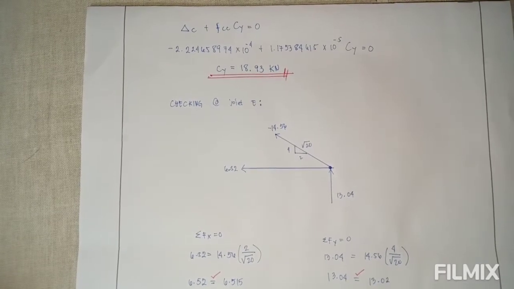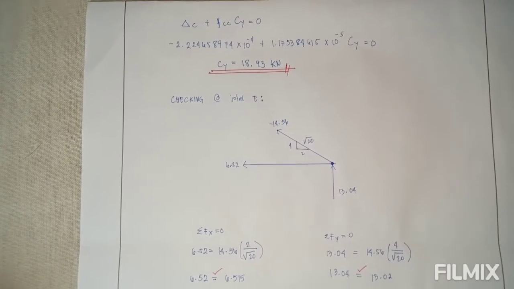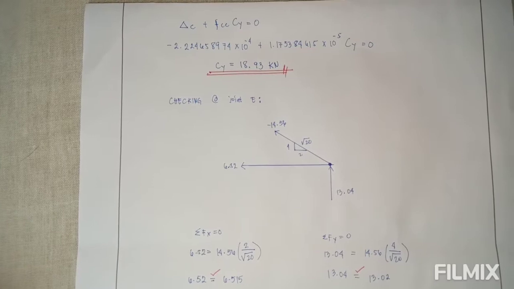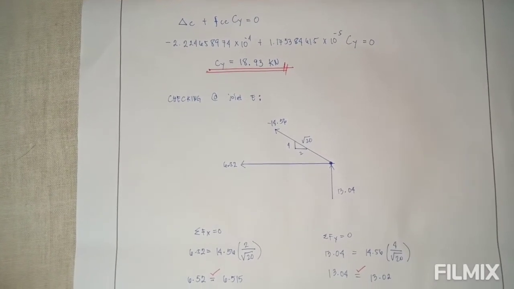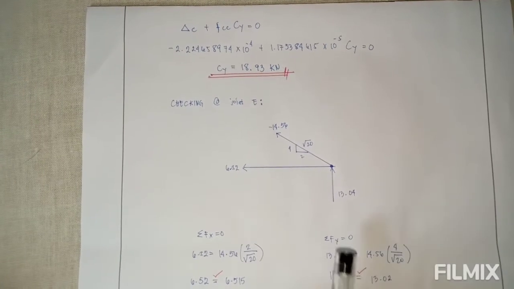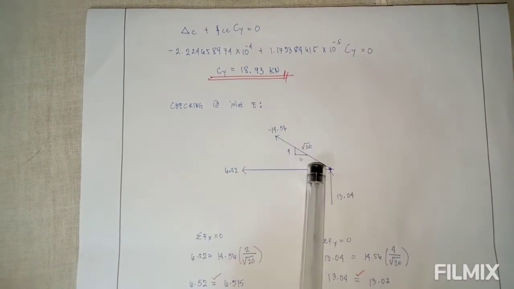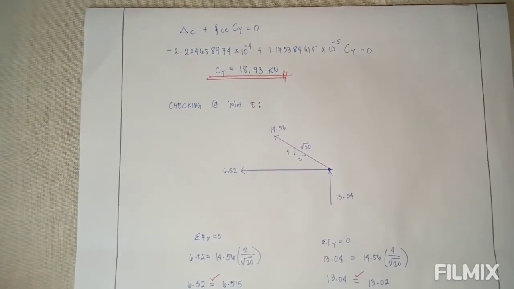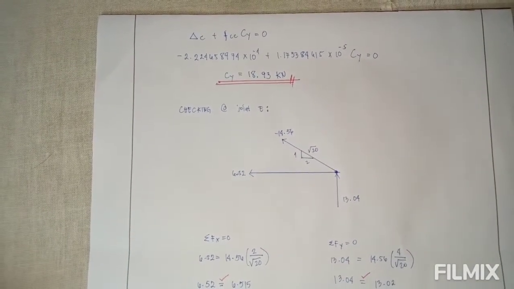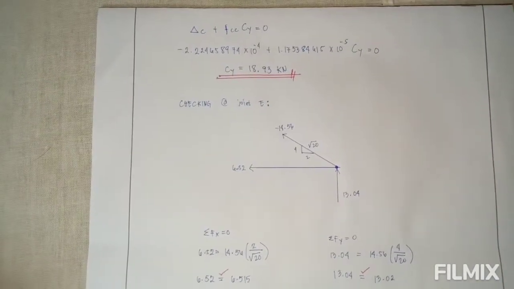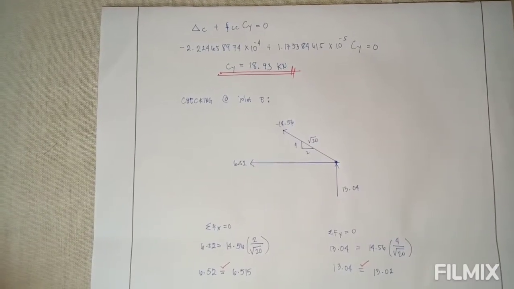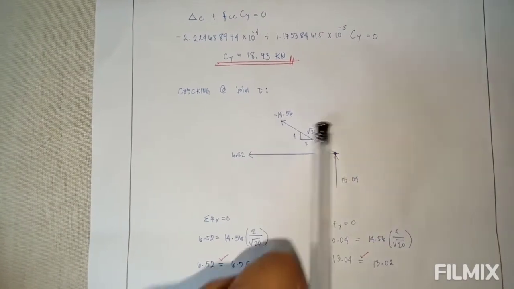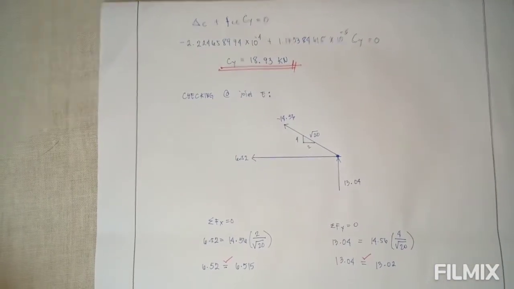To check if our work is correct, let us check joint E. We have the diagonal value of negative 14.56, the horizontal value of 6.52, and the upward direction for EY, which is 13.04.